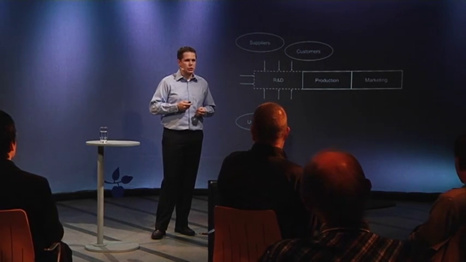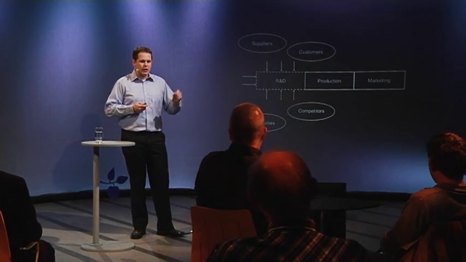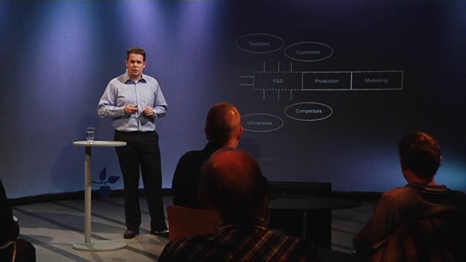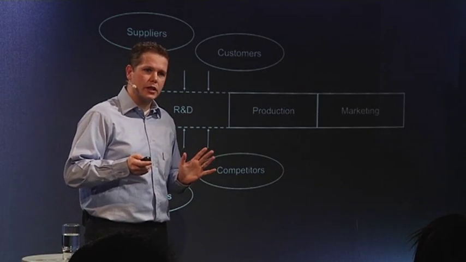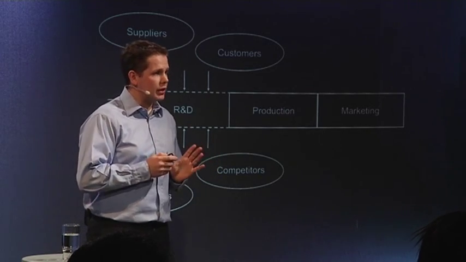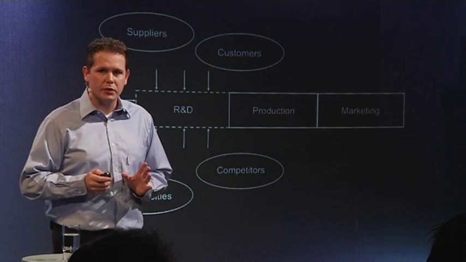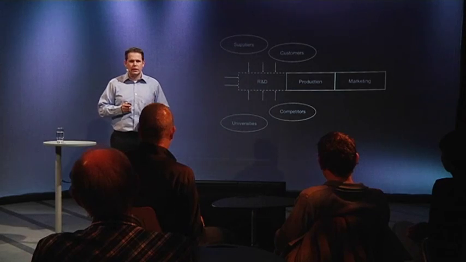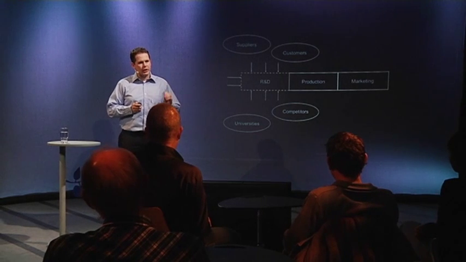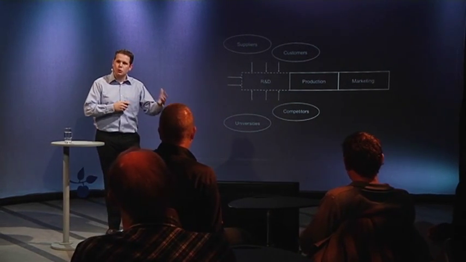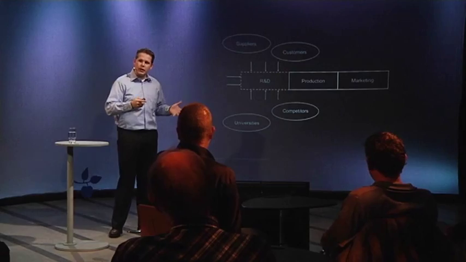Universities are also an important source of innovative knowledge, and so are competitors. You might wonder initially whether it's actually a good idea to collaborate with your competitor, but it turns out that in many cases, firms are better off starting an alliance with another firm to innovate together and thereby capture a bigger market share.